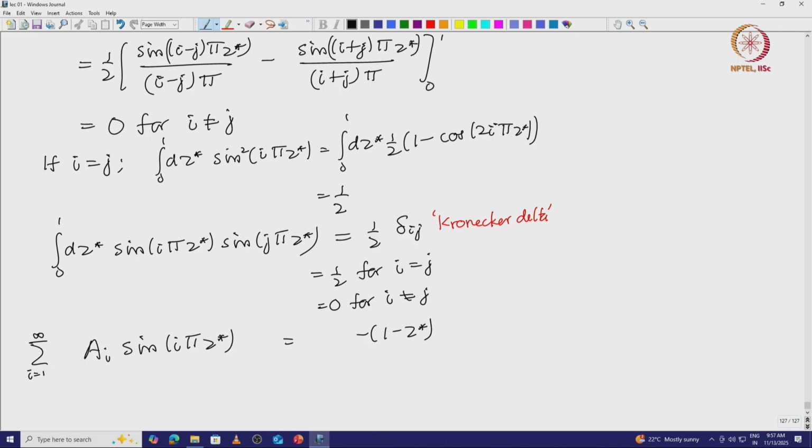And what I can do is multiply both the left and the right hand sides by sine of j pi z star, and integrate on the right and the left sides between 0 and 1.